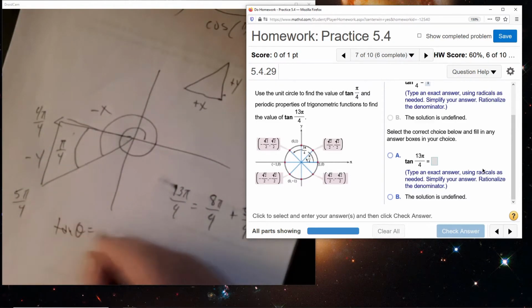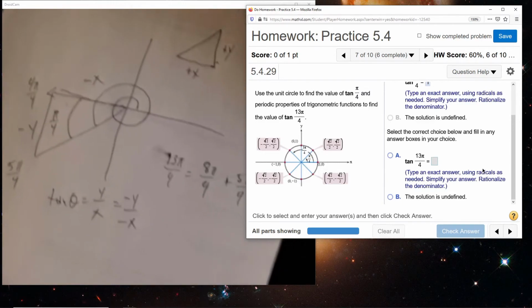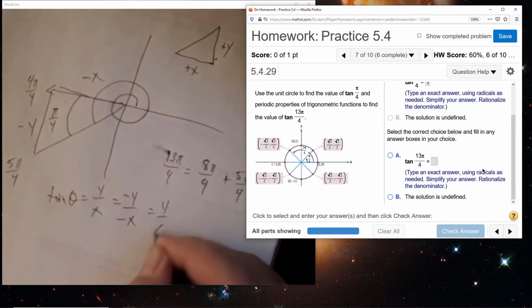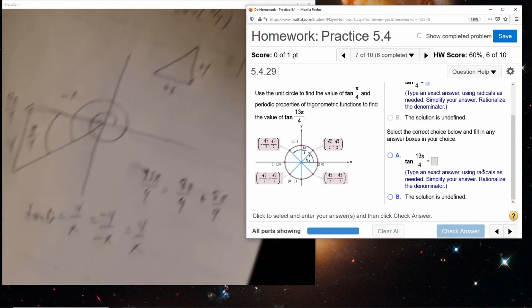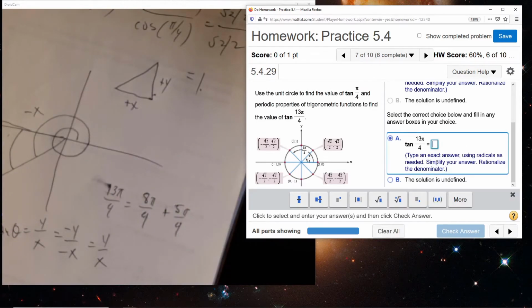Tangent is y over x. Now, in this case, they both happen to be negative, and so the negatives will cancel, and so it's just a straight y over x again, which means there's no sign change to the reference angle. And so our answer is 1.